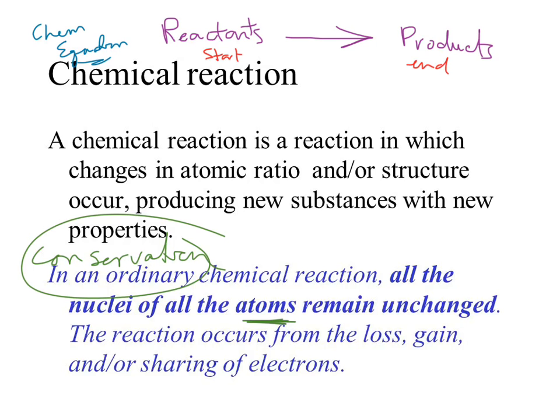You throw your atoms in there, and what you start with needs to represent what you end with. This talks about nuclei: no nuclei are hurt. Remember, the nucleus harbors the protons, and the protons are what make an element what it is, what an atom is going to be.